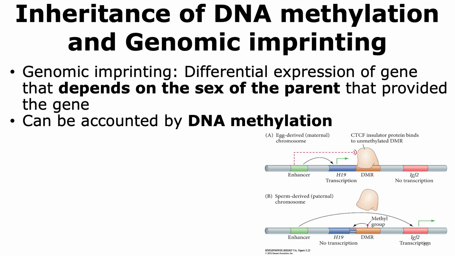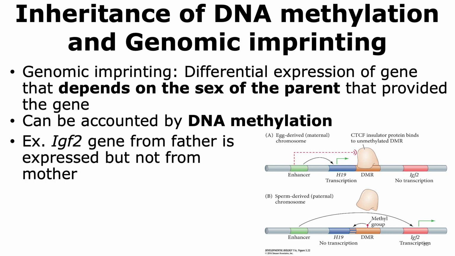This phenomenon can be accounted for by the process of DNA methylation, and one of the most well-studied genes is the IGF2 gene. It has been found that the IGF2 gene from a father is expressed in the progeny, but the IGF2 gene obtained from the mother is usually not expressed. To explain this, let's look at the figure.